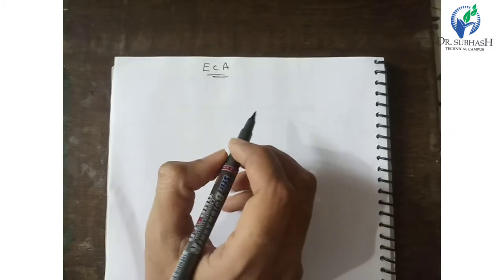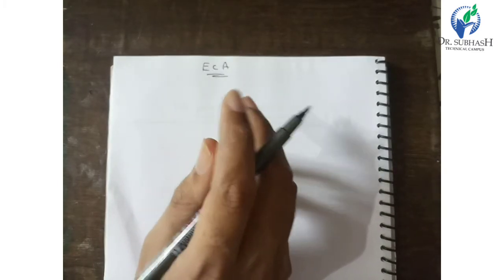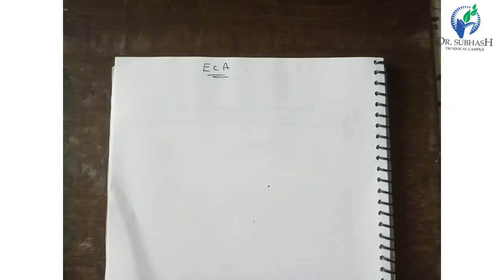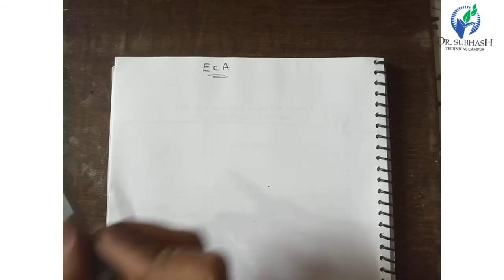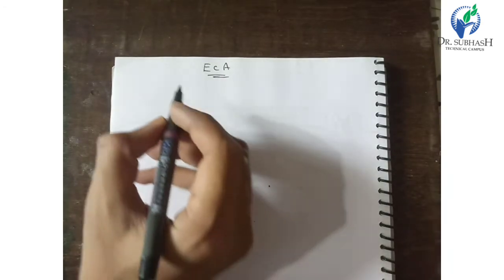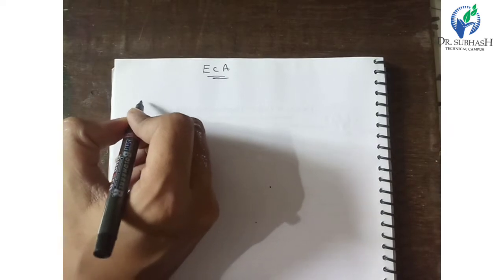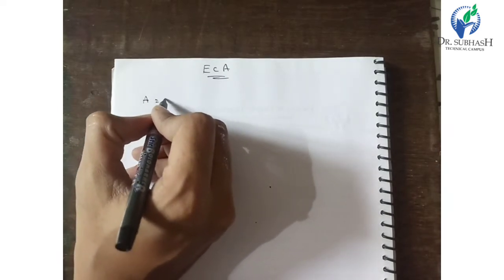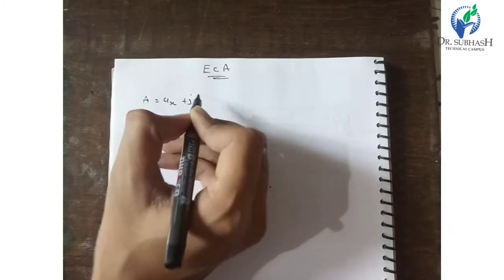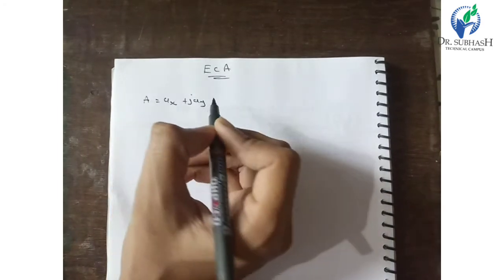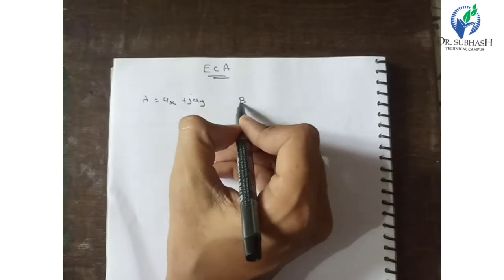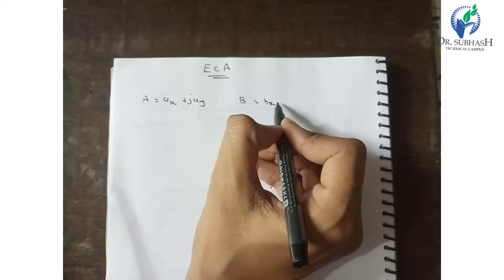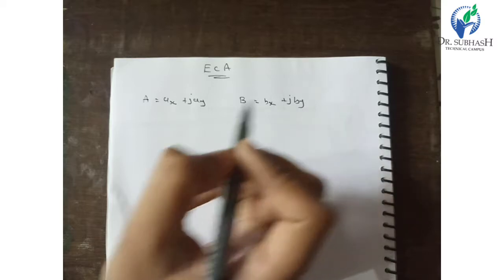For the operation of addition and subtraction, the two phasor quantities must be expressed in rectangular form. In rectangular form, we take a is equal to ax plus j into ay, and b is equal to bx plus j into by.